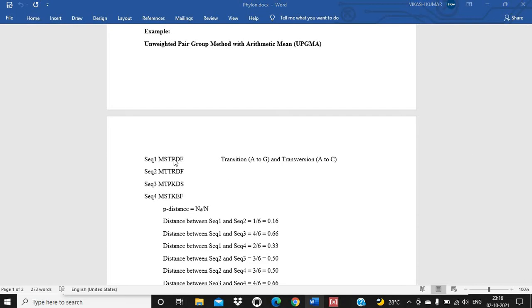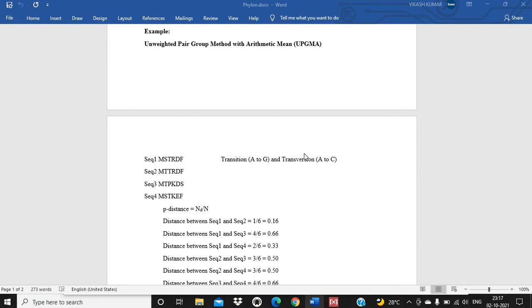As we know, you see that sequence 1 is different from seq2, seq3, and seq4. So all these sequences are not identical. They can be similar, but they are not completely identical. Basically these differences arise due to transition and transversion. Transition is a mutation when a purine is replaced by another purine. So when adenine gets mutated into guanine, it is categorized under transition.